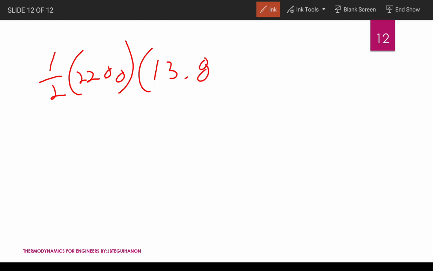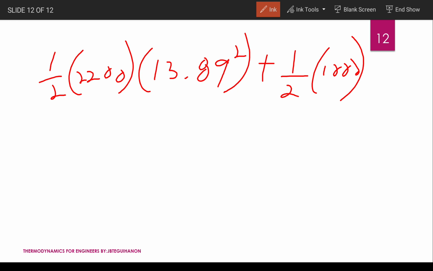So what we have is 1/2 times 2,000, that's the mass of the first vehicle, and the velocity after the collision is 13.89 squared, plus 1/2 of the mass of the second vehicle, or vehicle B, which is 1,000, times the square of its new velocity after collision.